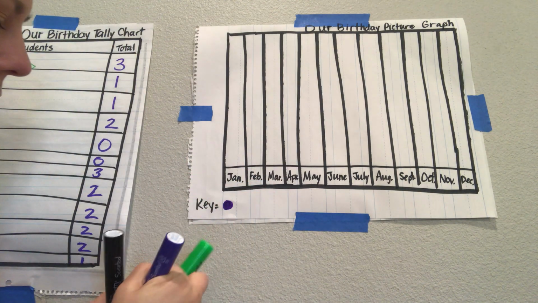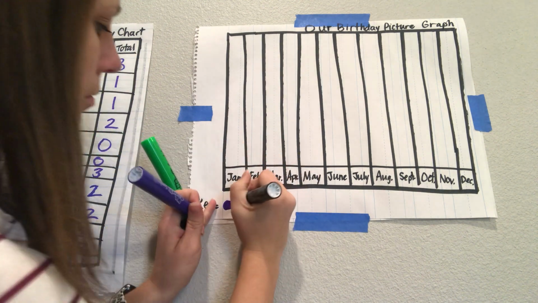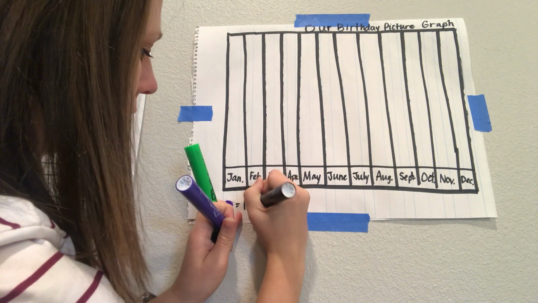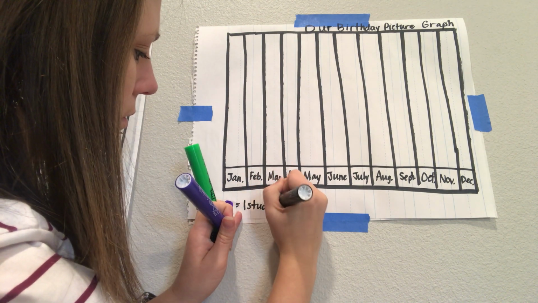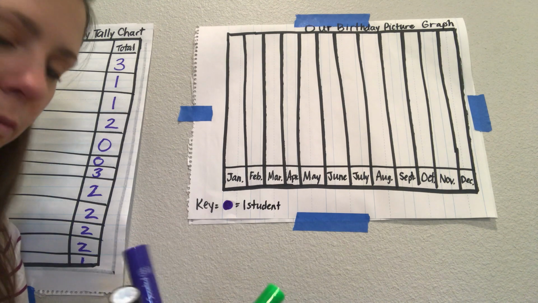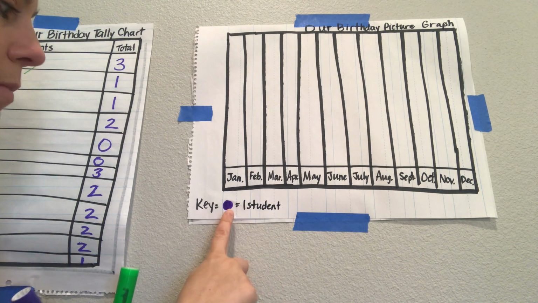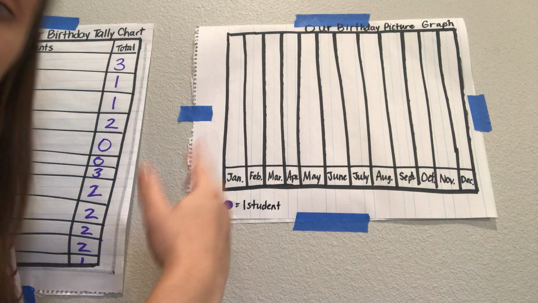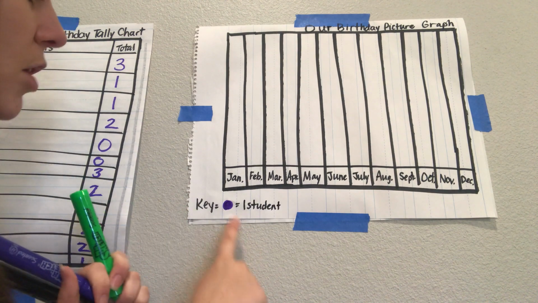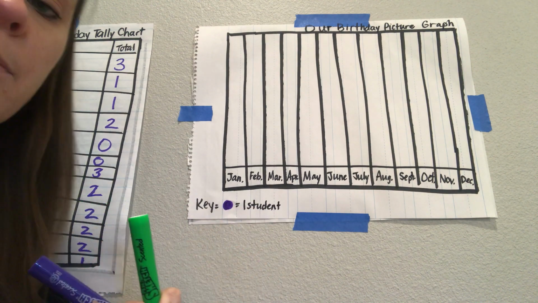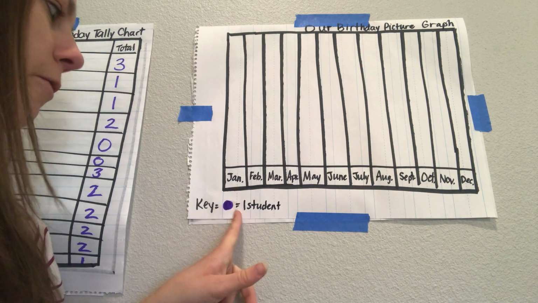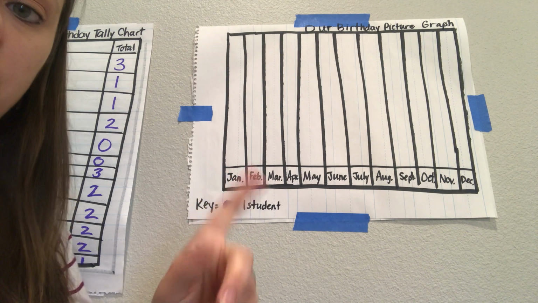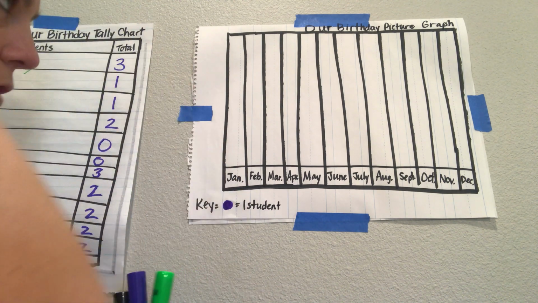There we go. 1 circle equals 1 student. And like I said, as you get into higher grades, sometimes a circle could equal 5 students or 2 students. So you always have to look at your key and get used to that. But in first grade, I believe it will always equal just 1. But it's important to still look just to make sure.